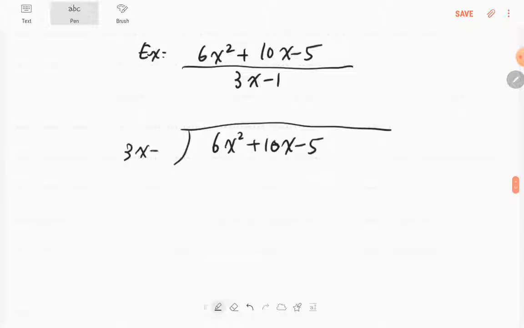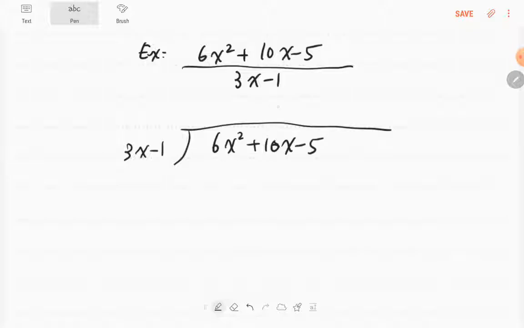Then we put the divisor here. Remember, the first step, we should focus on the first term, 6x squared. So we should ask, which one times 3x will get 6x squared? We will use 2x times 3x, we will get 6x squared.